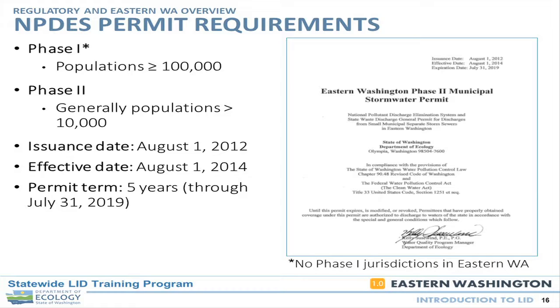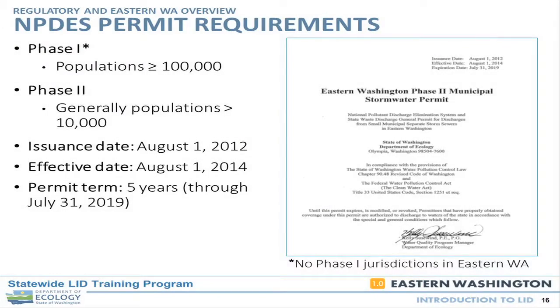And the issuance date of the Phase 2 municipal stormwater permit this round was August 1st of 2012. And this new permit went into effect just last month, so August 1st of 2014. And the permit term is a 5-year term. So this Phase 2 municipal stormwater permit for Eastern Washington will be with us through July 31st of 2019.